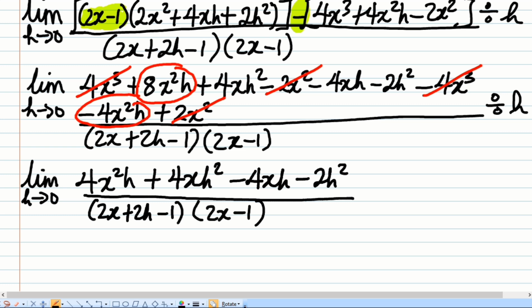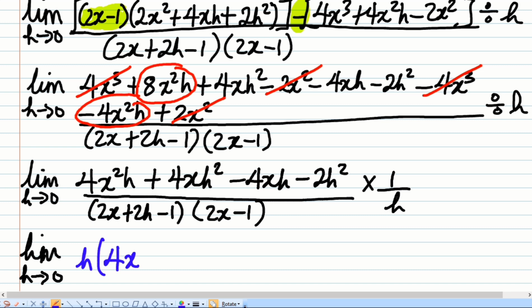I will now change this division to multiplication. This becomes 1 over h. The last time I'm going to write this, the limit as h approaches 0. Notice that every term here has an h, all right? So meaning I can factorize. I can now have that common factor of h. Divide 4x squared h by h, you're going to have 4x squared.